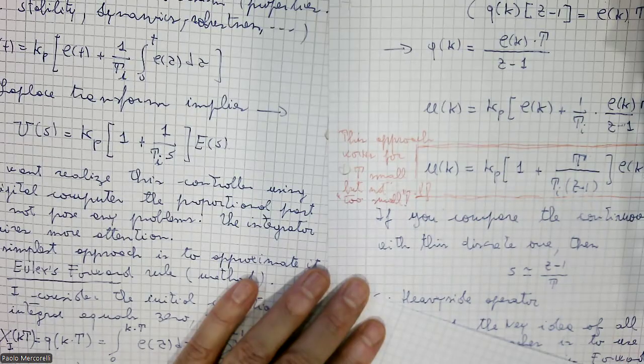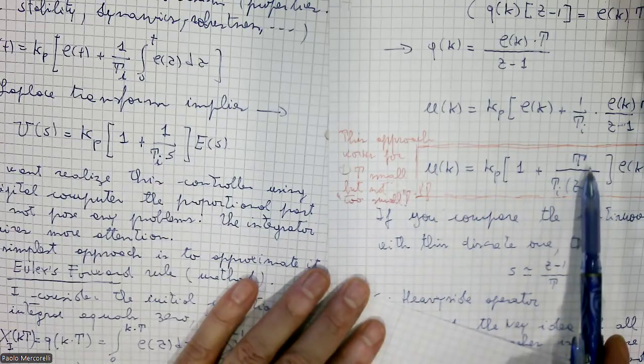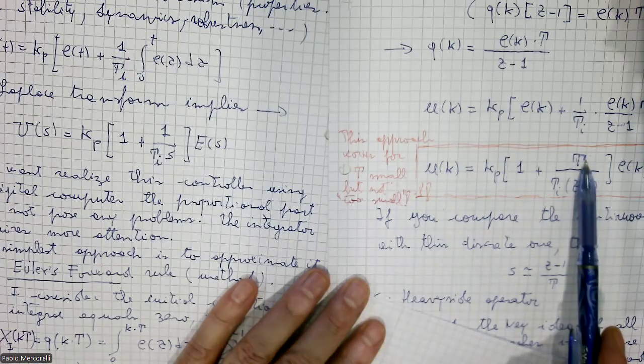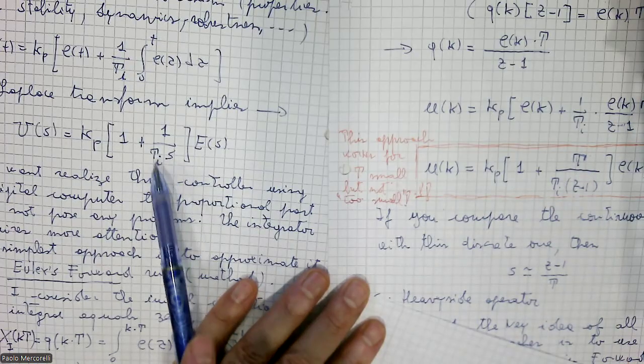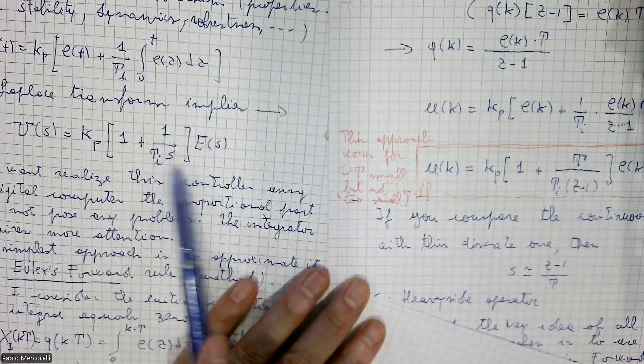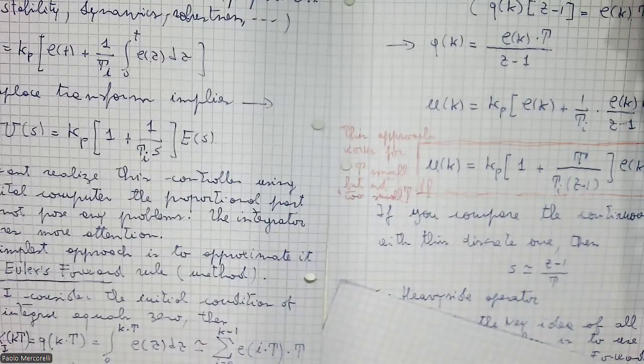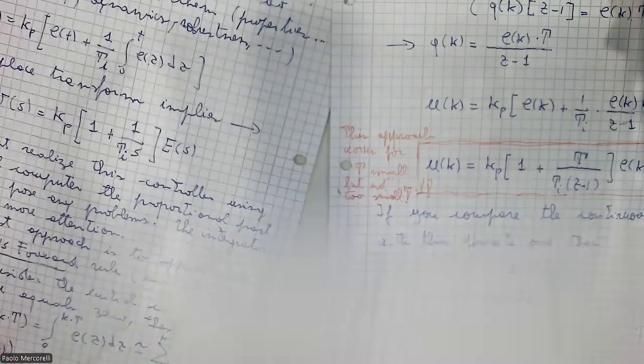If S equals, let me write equals, and then we will discuss circa, z minus 1 divided by T, because T is in the denominator, you have to divide by T. It is S. Why did I put circa? Because we are speaking about discretization. This means everything is built with this assumption.